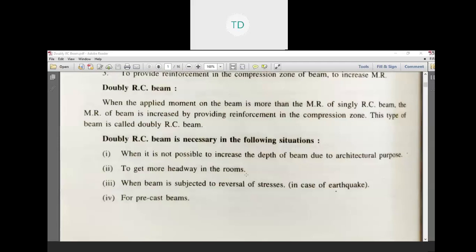That's why we need to provide reinforcement on both sides as main reinforcement rather than supporting reinforcement. A beam with reinforcement provided on both sides is called a doubly reinforced beam.